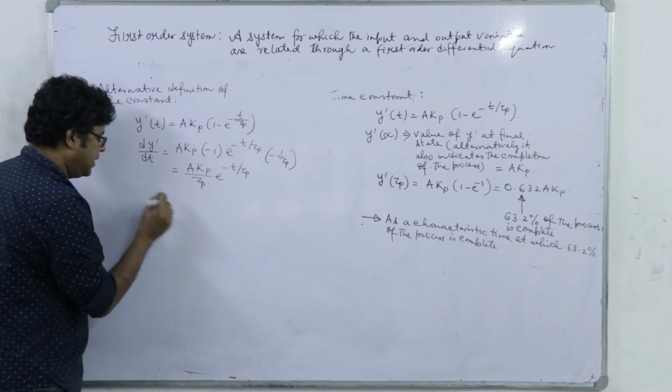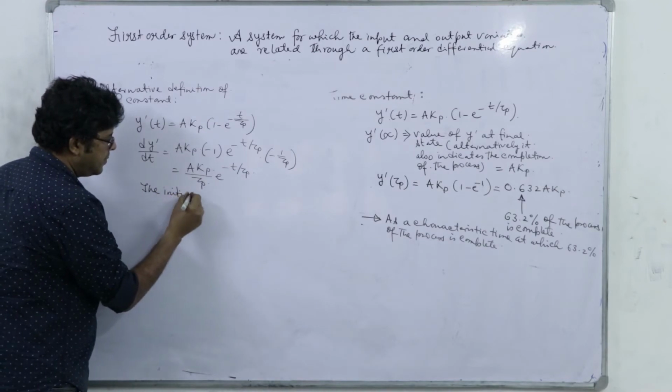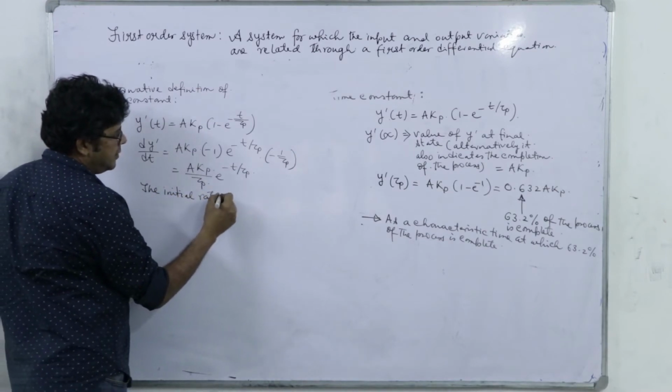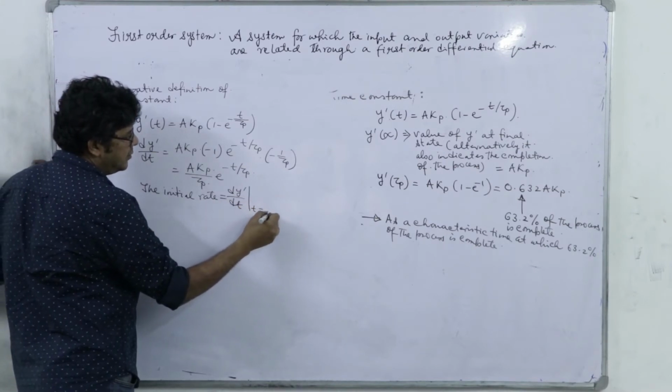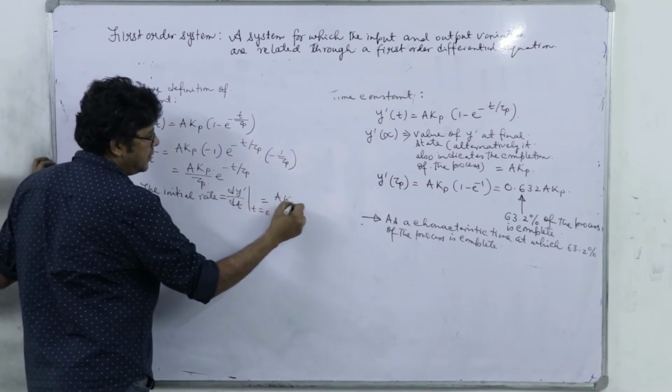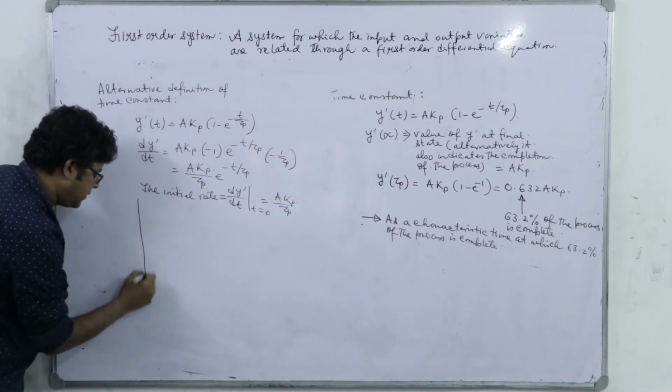So, initial rate dy prime/dt at t equal to 0 is A K p by tau p. So what it physically means, see.